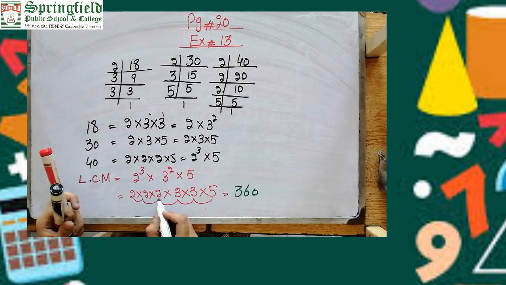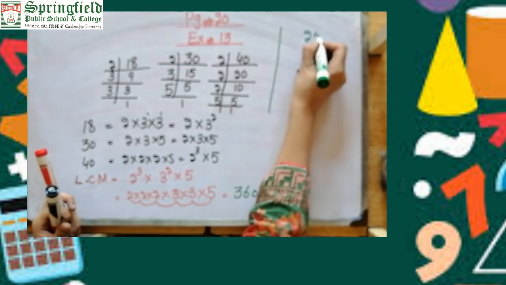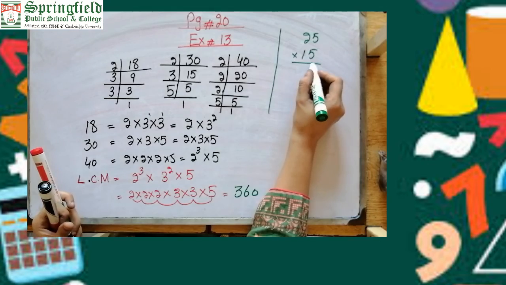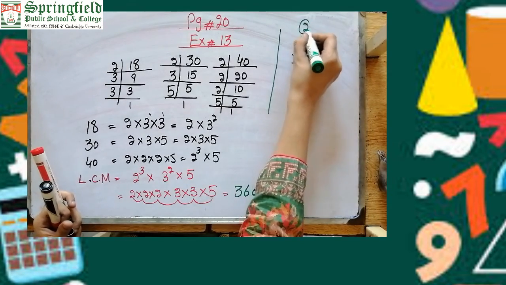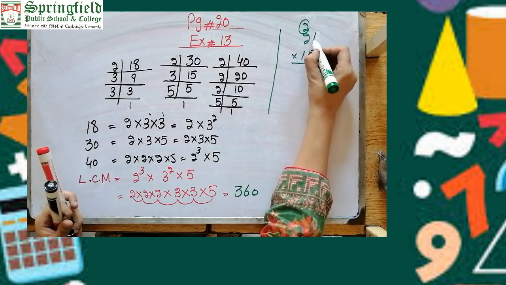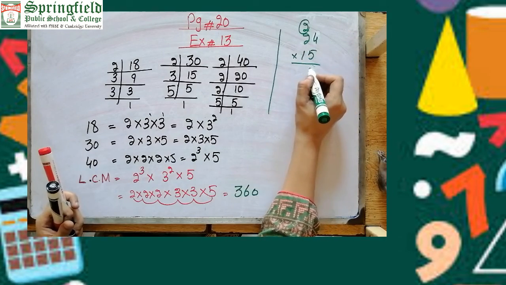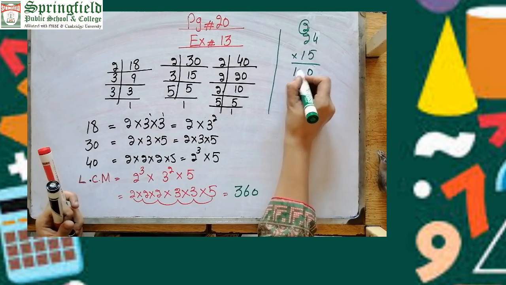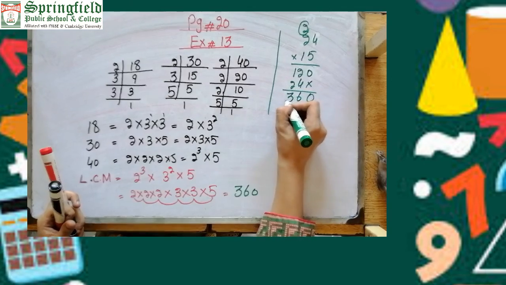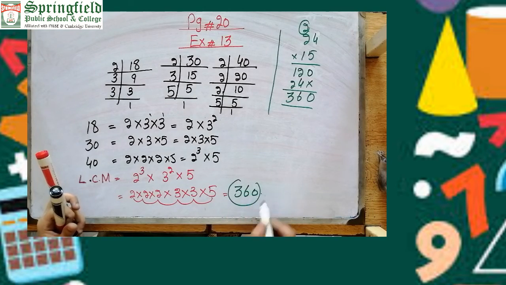How? 2 2s are 4, 4 2s are 8, 8 3s are 24, 24 3s are 72, 72 5s are 360. And this is your answer.